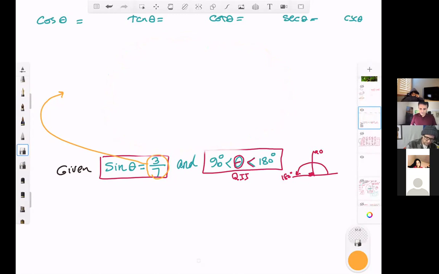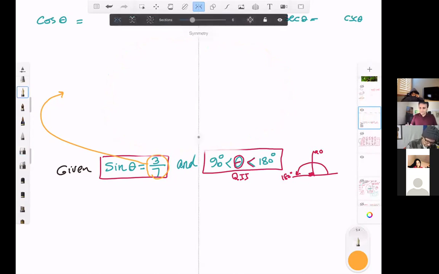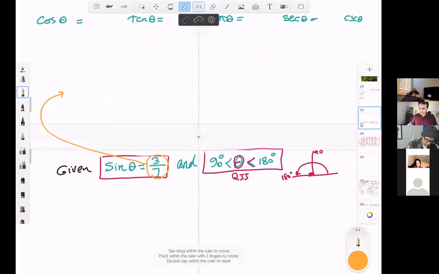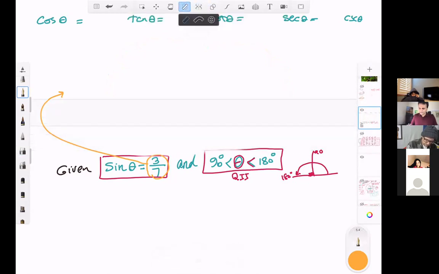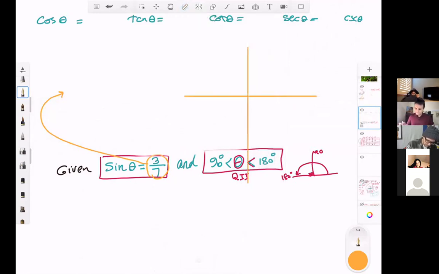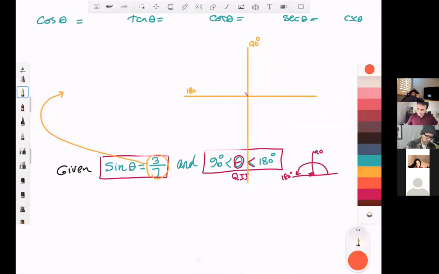So we need to make the x and y axes and graph theta, for example. This is 90 degrees, that's 180. So I randomly make a theta here. For example, this is going to be on the circle.